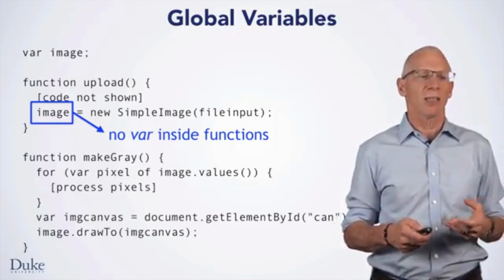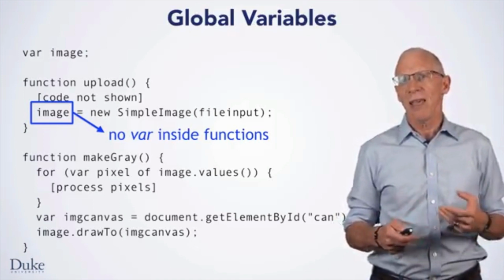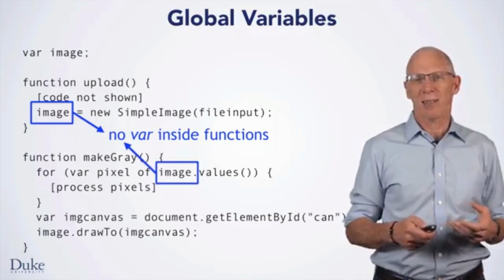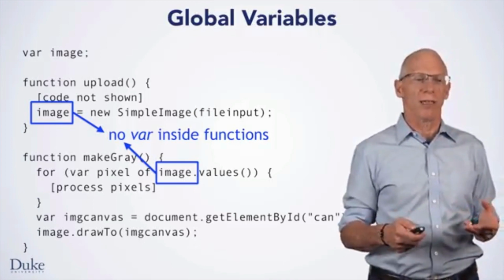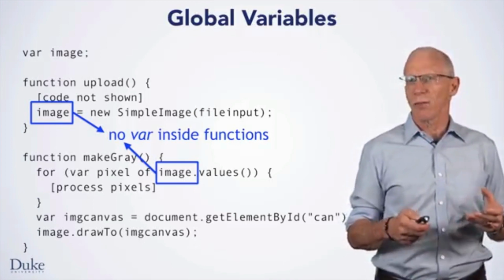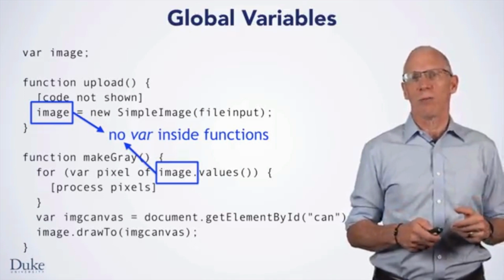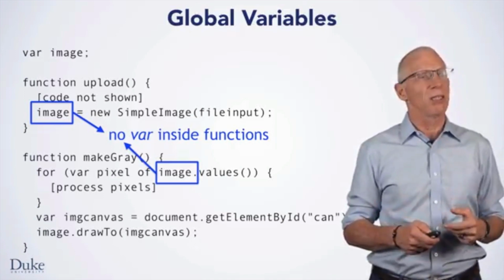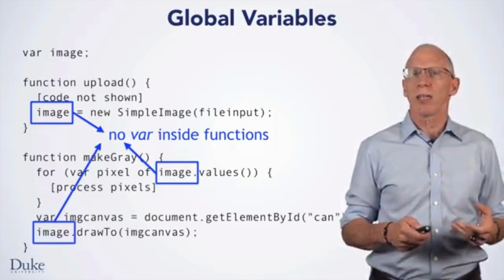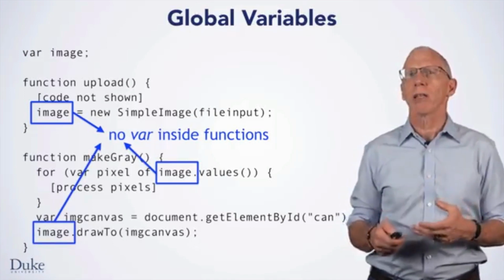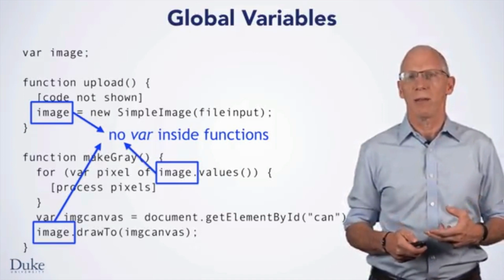It's assigned inside the function upload. Here, the variable image is accessed in the function makeGray to loop over all pixels in the image. Note that the variable pixel is defined with var, but the variable image is not. And here, image is used again, so that it can be displayed in the canvas by calling the image.drawTo method.